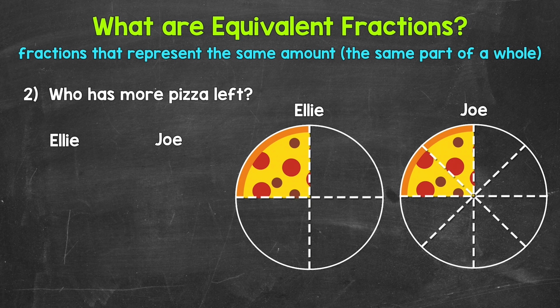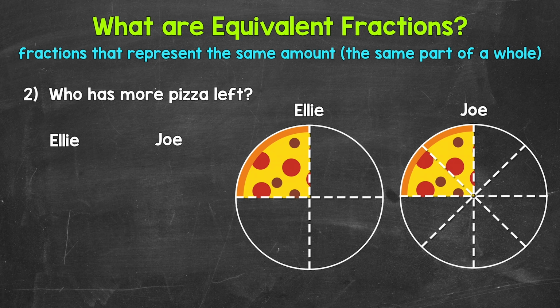But each pizza has a different amount of slices. Now let's write out fractions to represent the amount of pizza left. And these are going to be equivalent fractions because they are representing the same amount, the same part of the whole pizza. We will start with Ellie.